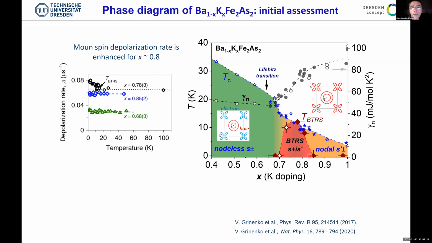So if you do a lot of samples and also combine it with thermodynamics, in particular specific heat, you can find that there's really this kind of dome of time reversal symmetry breaking states inside the superconducting phase at high doping, but it's a bit above the typically found position of the Lifshitz transition.